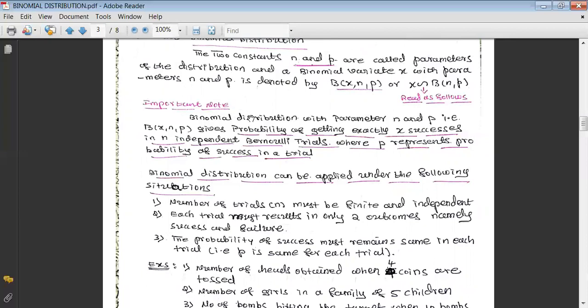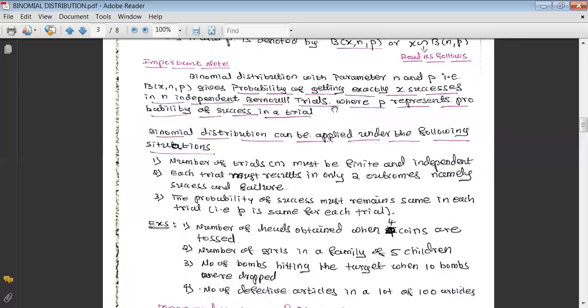We must know what the binomial distribution gives. Suppose the parameters of the binomial distribution n and p are known, then B(n, p) gives the probability of getting exactly x successes in n independent Bernoulli trials, where p represents the probability of success. That is what we have to realize about what the binomial distribution gives.